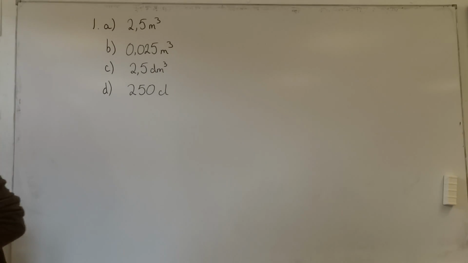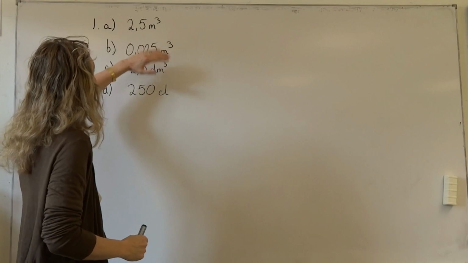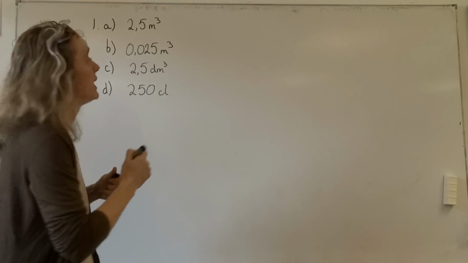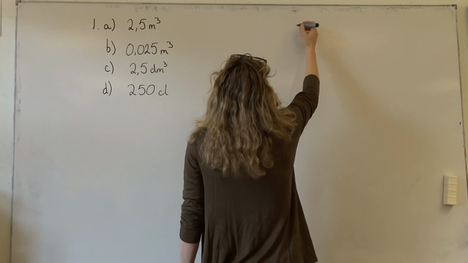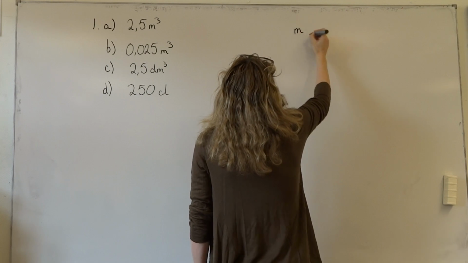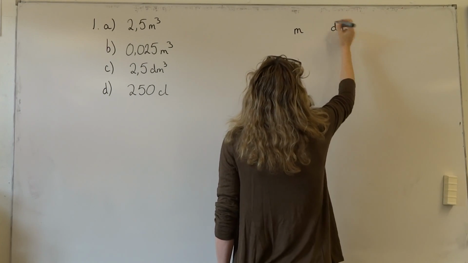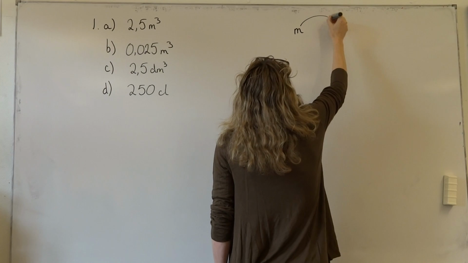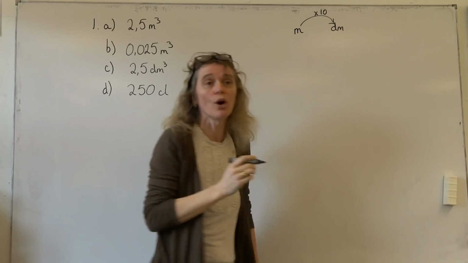Okay, it starts off pretty easy, asking you to convert these volumes into litres. The thing we need to remember here is that a metre converts to a decimetre by multiplying by 10. We all know that.